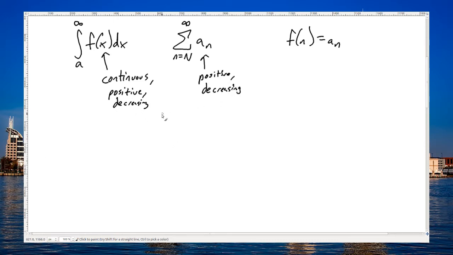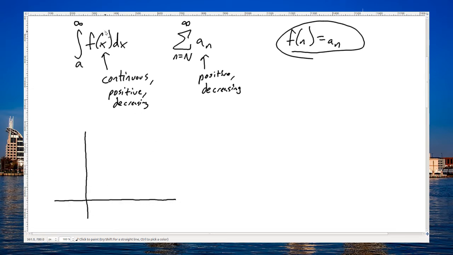Okay, and let's compare the two pictures here. I'll draw the function in blue. So maybe it looks something like this. Make sure it passes the vertical line test.